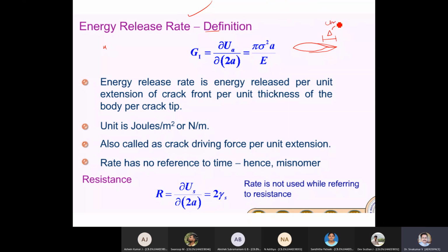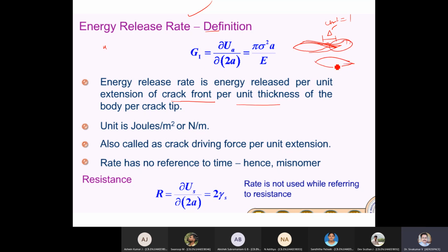Let us say 1 unit. Per unit thickness means the body is of unit thickness. Per crack tip means one crack; if you have 2, then 2.